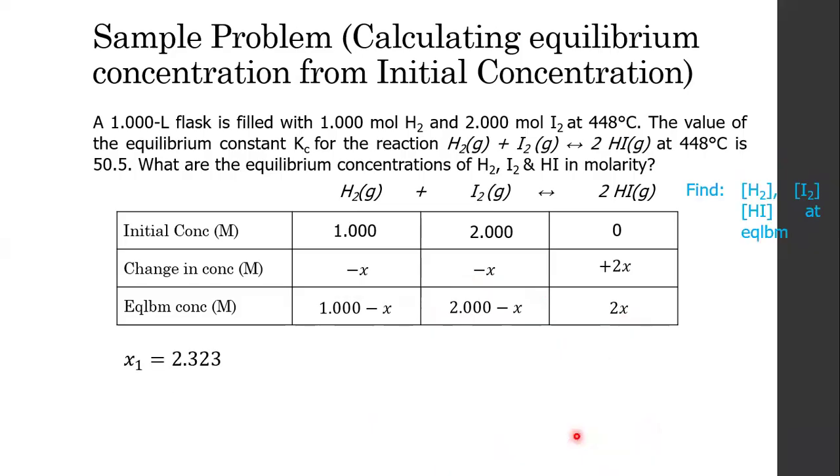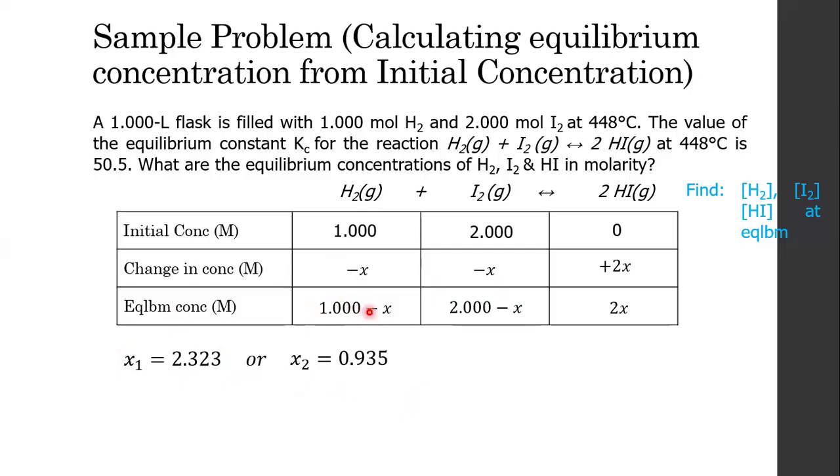However, since we're dealing with a real life scenario here, you have to determine whether these two x's would make sense in our scenario. Okay, we try to substitute x1 to 1 minus x, you'll get a negative value.